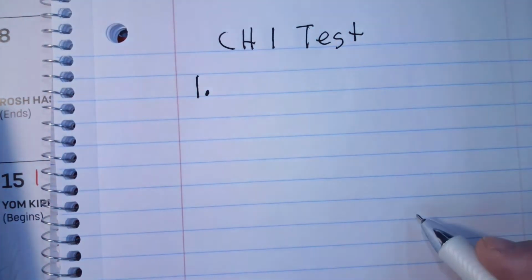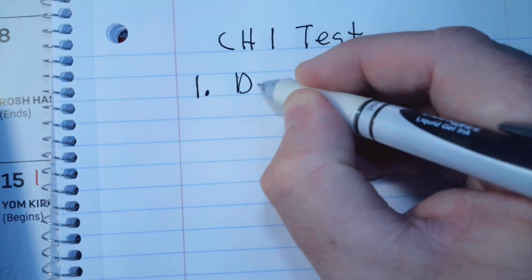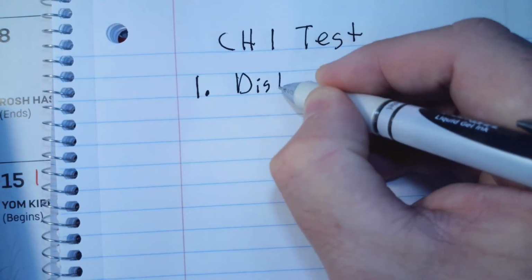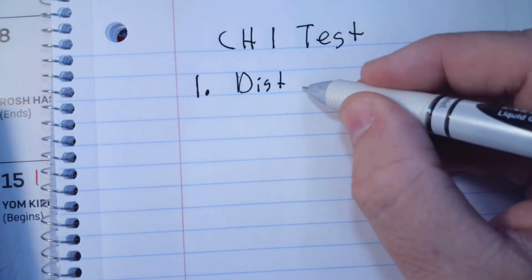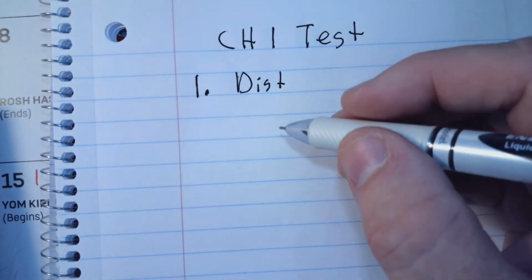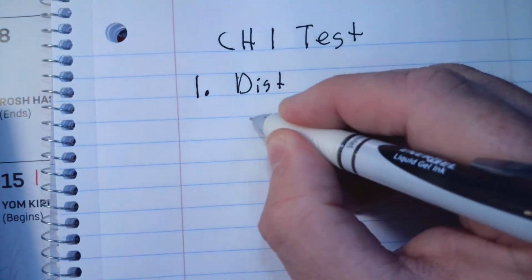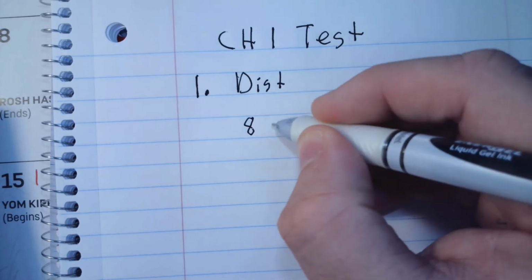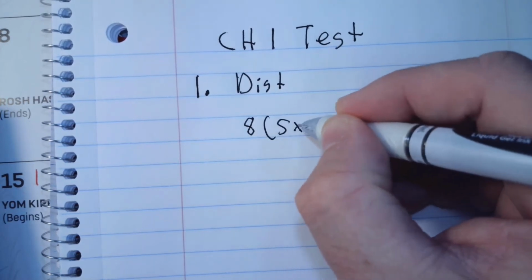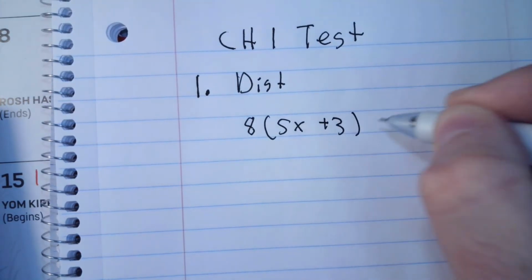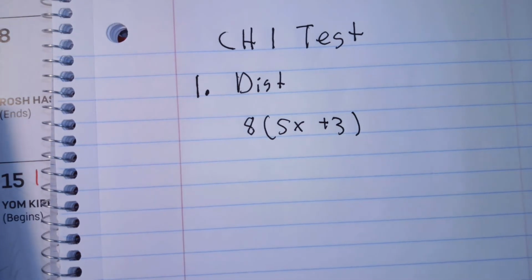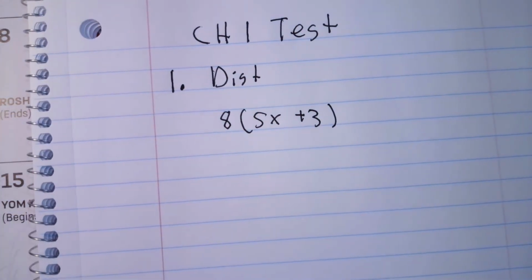First thing we need to know probably is the distributive property. Okay, and so I'm going to give you a problem and see if you remember how to do it. Okay, write that example and see if you can do it.